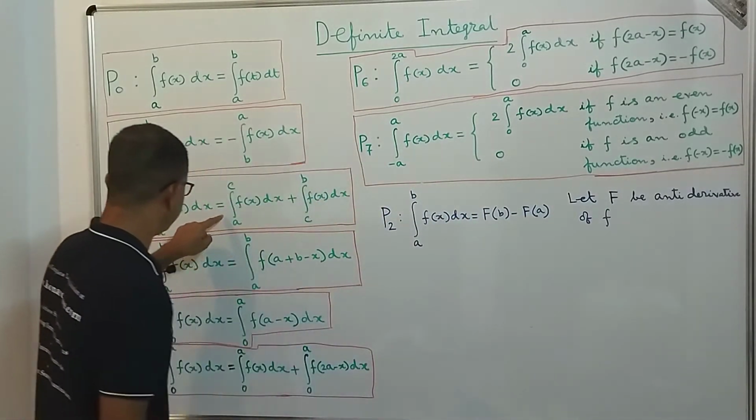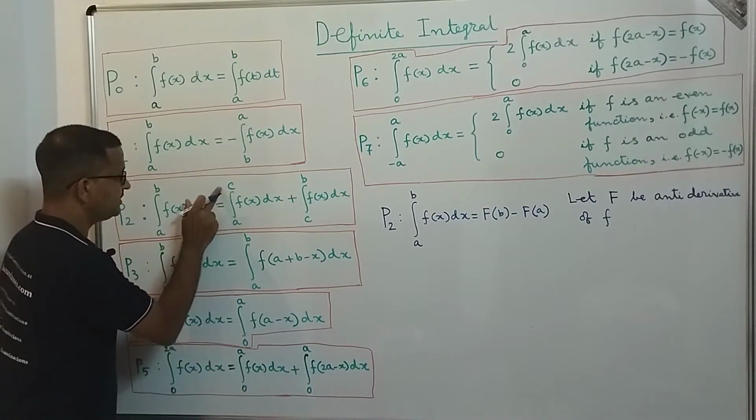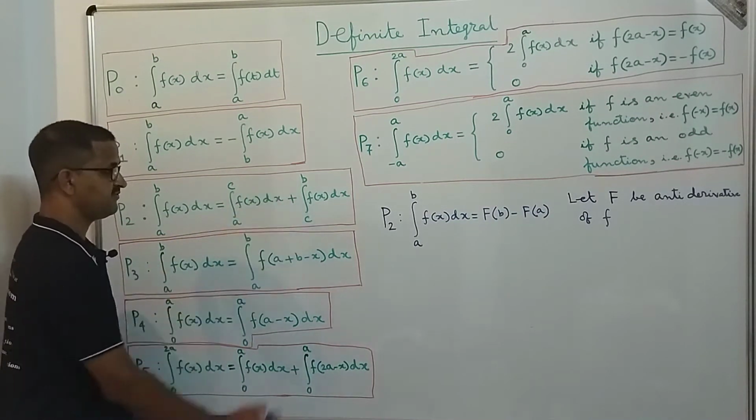Now, as we have seen, the right hand side of the property P2 is integral a to c f(x) dx plus integral c to b f(x) dx.